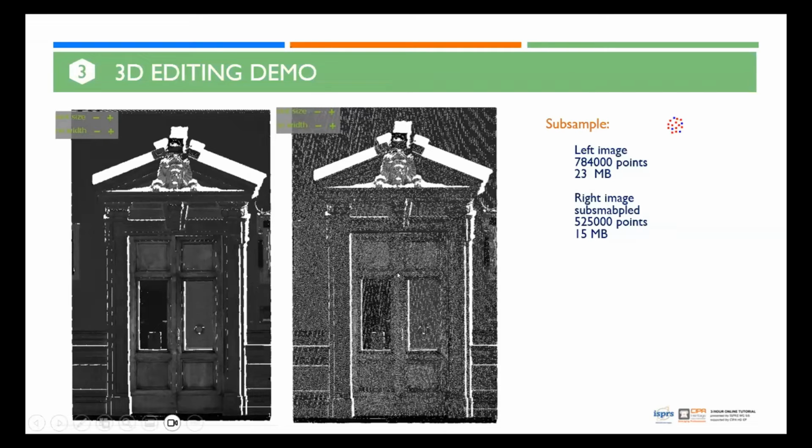We can still see it's a door, an important monumental door, but I just have to adjust the quality, and we still have a good cloud, but with less data. So our PC will thank us for this effort.